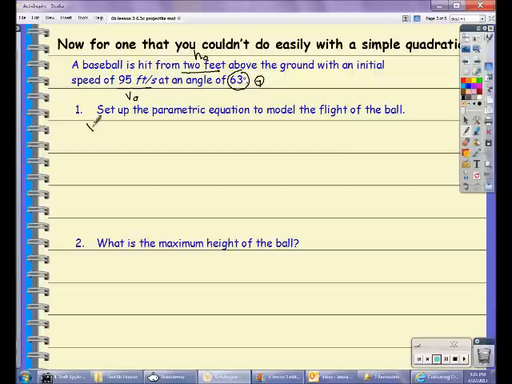We have to start with our horizontal equation. That's going to be initial velocity times, since it's horizontal, cosine of our theta, 63. That's our coefficient of t. And for our vertical equation, we have to start with gravity, negative 16 feet per second squared. That is the coefficient of t squared.